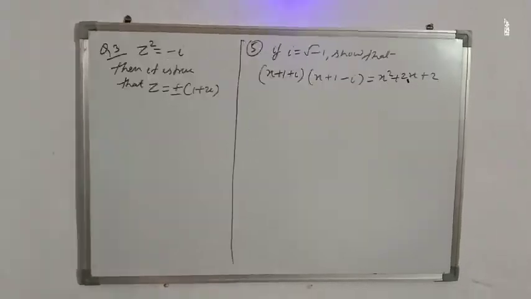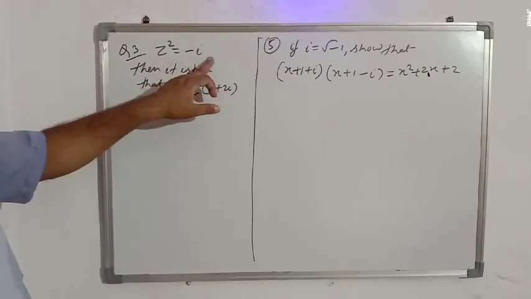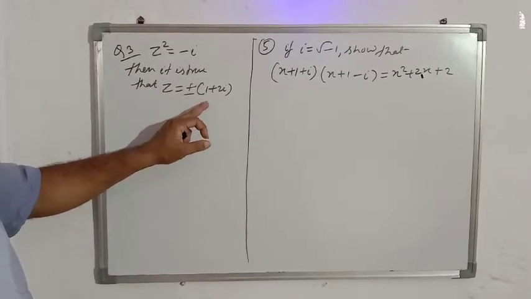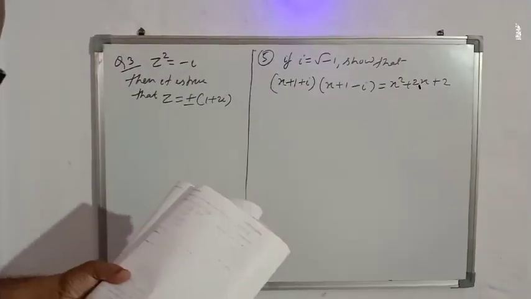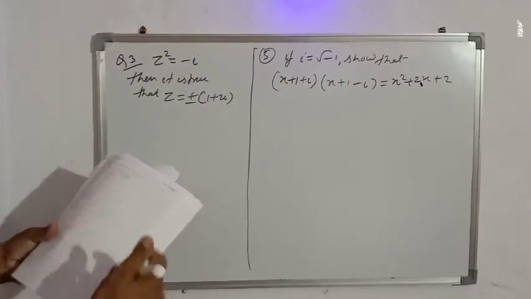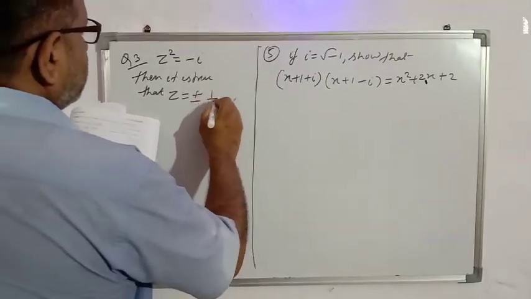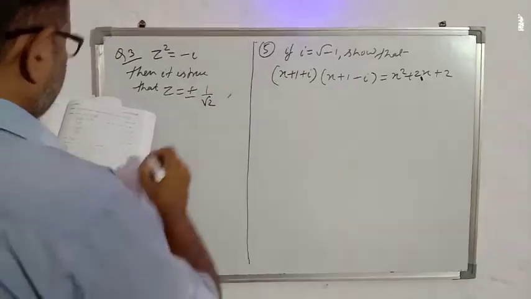See question number 3. It is given z square is equal to minus i. Then is it true that z is equal to plus minus 1 plus 2i? Z is equal to plus minus 1? Wait, it is not. Z is equal to plus minus 1 by root 2 into 1 minus i.